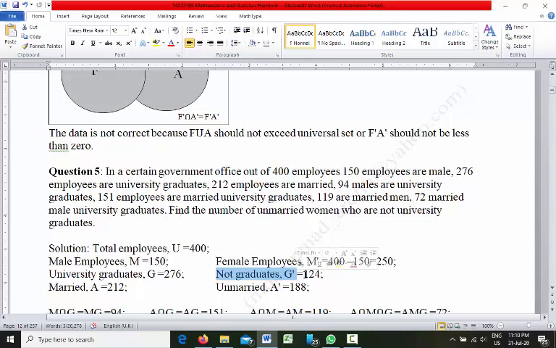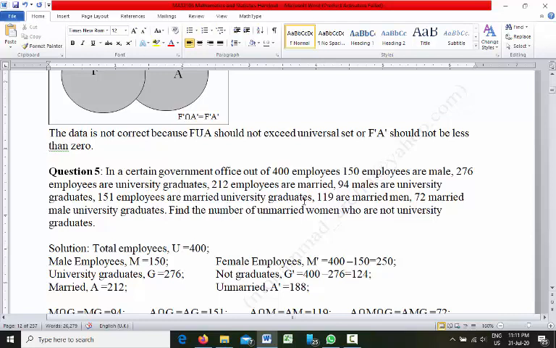That is G prime, which is 400 minus 276, equal to 124.